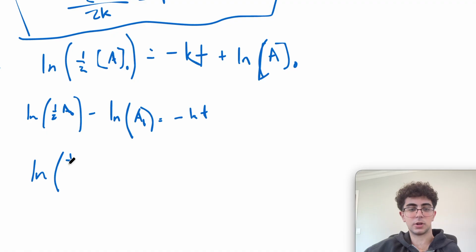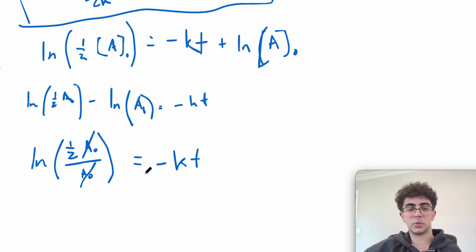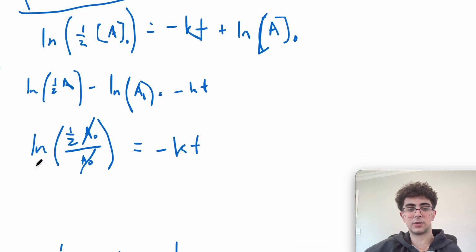So it'll be 1/2 A naught over A naught. Notice how these A naughts cancel. So it's just going to be ln of 1/2 equals negative kt. If you multiply the negative on both sides, instead of ln 1/2, it will be ln 2, because it just takes the reciprocal, equals kt. So that means t equals ln 2 over k.